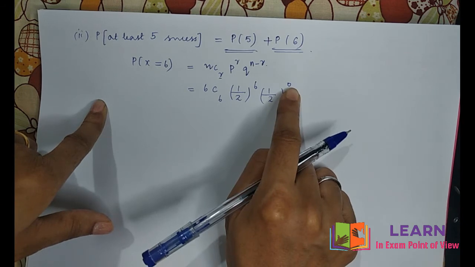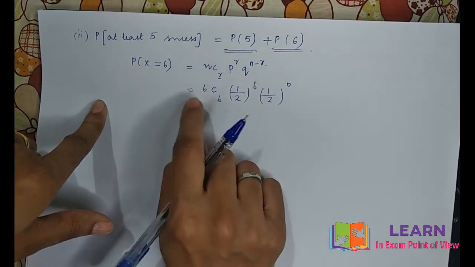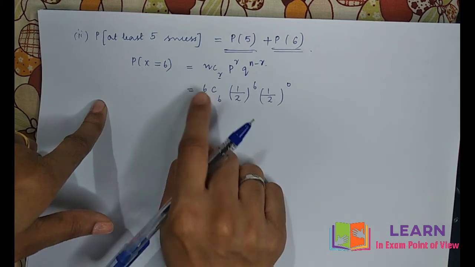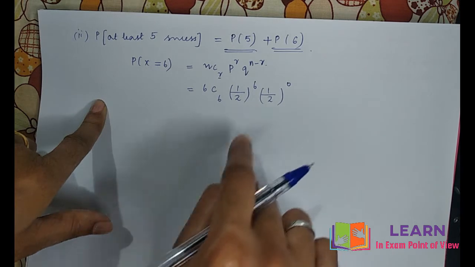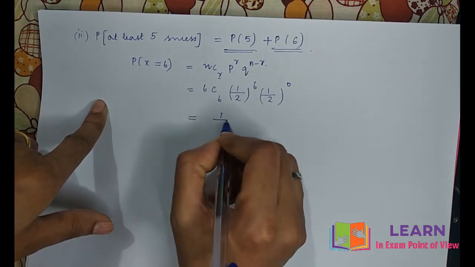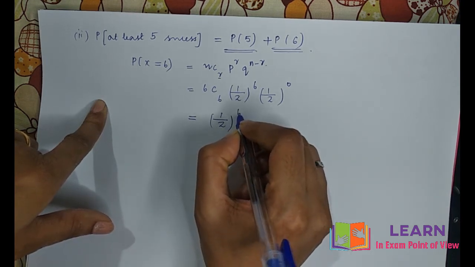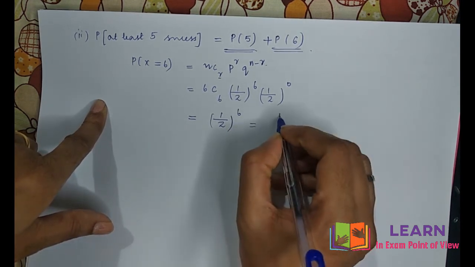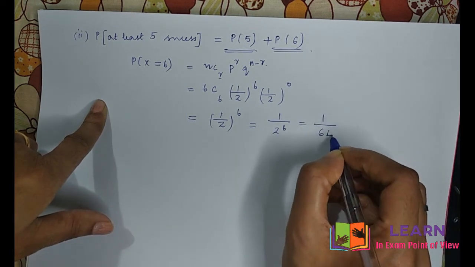Anything raised to 0 is 1. 6C6 is what? 1. In the numerator also 6 times it will go, denominator also 6 times, so it will cancel out. So only 1 by 2 raised to 6 will remain. That is 1 by 64.